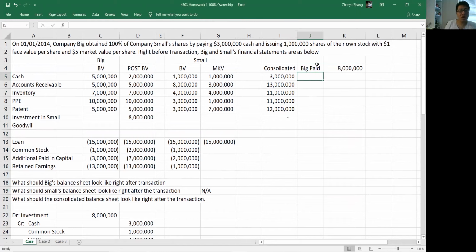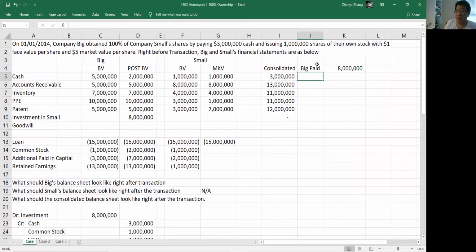They got 100% of Small, so they got everything of Small. The definition of goodwill is pretty easy: it cannot be named, right?